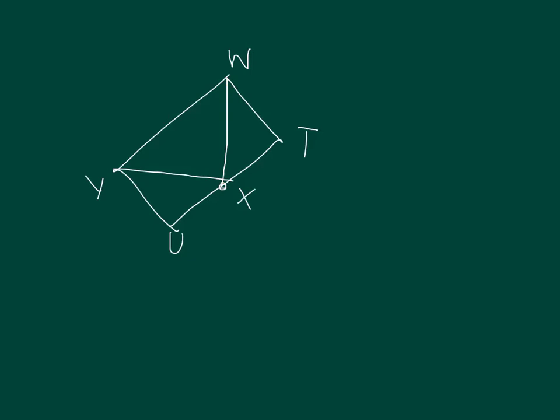First we started out with the conclusion. We wanted to have segment WX congruent to segment VX. In order for us to do this, we first have to prove triangle TWX is congruent to triangle UVX, so that if we prove these two triangles are congruent, then we can say segment WX is congruent to segment VX by CPCTC.